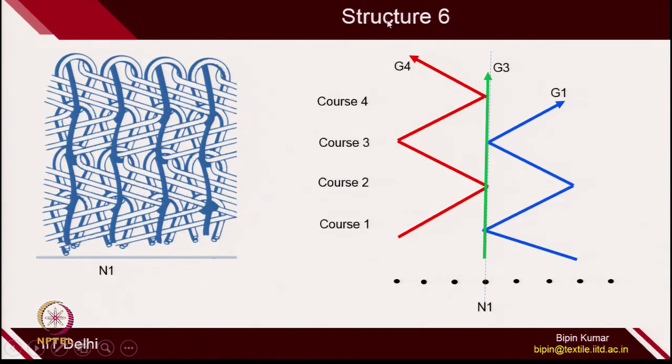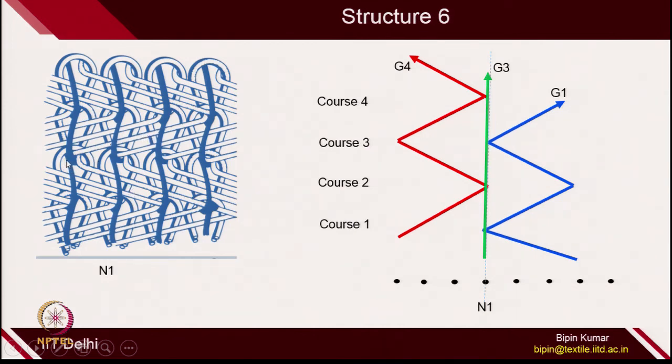Finally, the last structure, structure number 6, is also made from a 2 guide bar structure, but there is some basic fundamental difference here. If you follow the blue yarn, it is just moving in the same needle, just making a loop in the same needle, and the white one is shifting from one position to another.